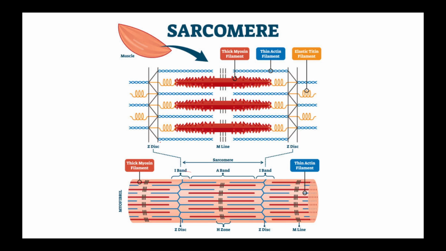It appears in a zigzag form because this is the position from where the actin filaments extend in two different directions. So this is the disc. At this point one actin filament is protruded here, and in this direction one actin filament is protruded here.